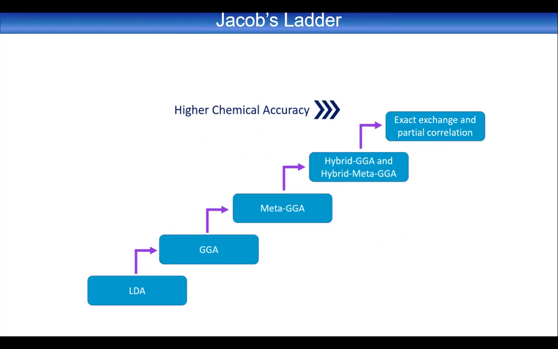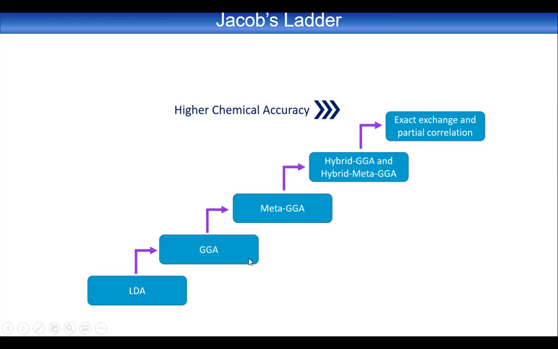And so, as I said before, there's that functional that corresponds to exchange correlation, and it's unclear how to accurately account for that. There are multiple methods that are used to try to account for it, but there's a cost associated with having a quite exact exchange and partial correlation functional.